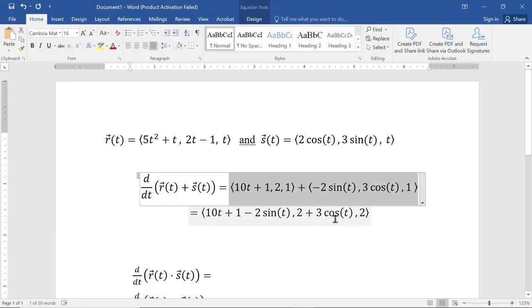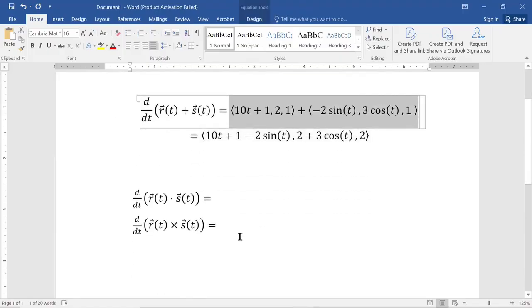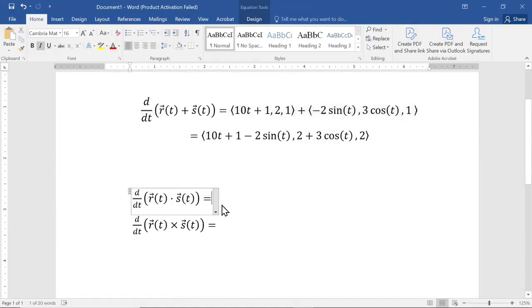Same thing is true with the dot product and cross product. Now you have to watch out for this. Remember, when you do a dot product, I'm going to shorthand this. It doesn't matter if you do normal R times S prime first, or if you do R prime times S, but we're going to get R S prime plus R prime times S, essentially.